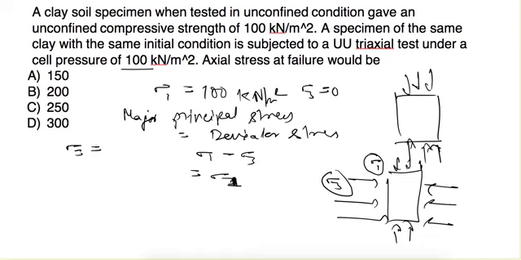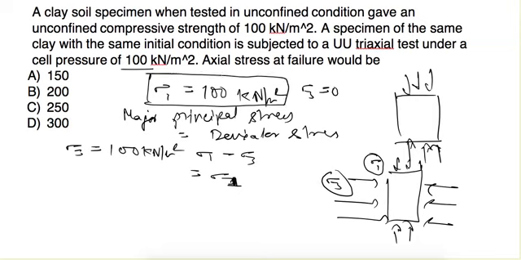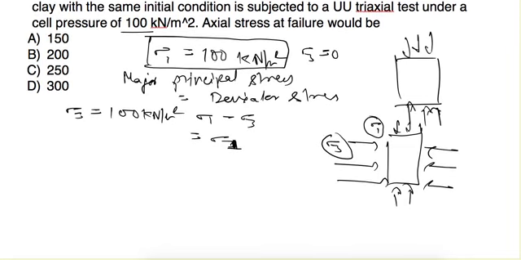It means that sigma 3 is equal to 100 kilonewton per meter square, and sigma 1 we know from the initial test. So for the first test, sigma 1 is equal to 100 kilonewton per meter square.